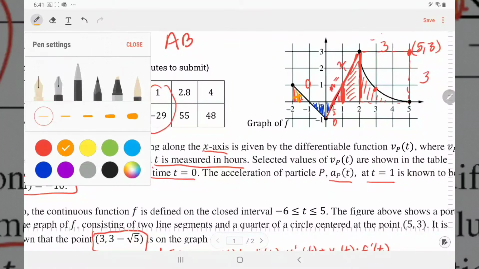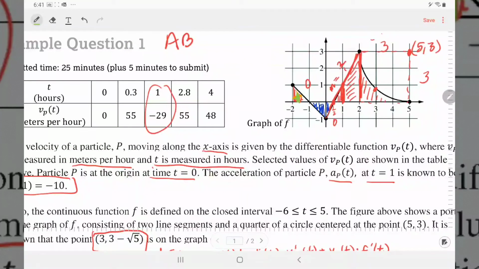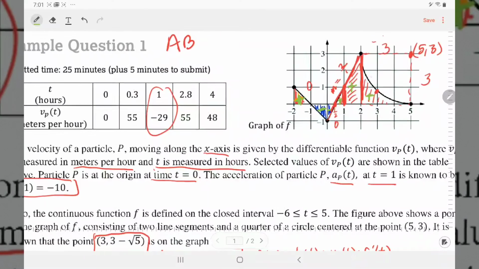Positive, positive, positive. And then this is positive also, so all this is positive. Not area, we were doing above and below.